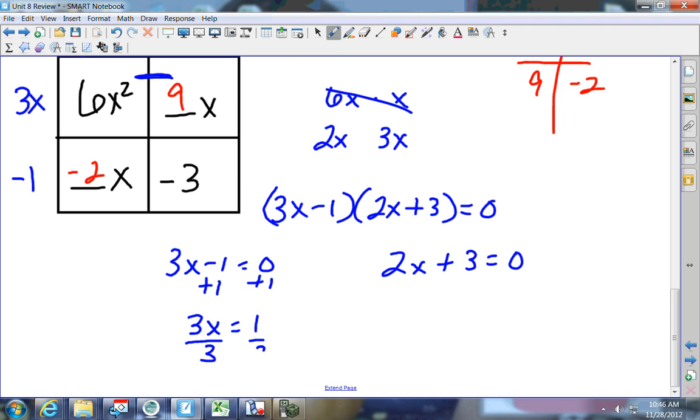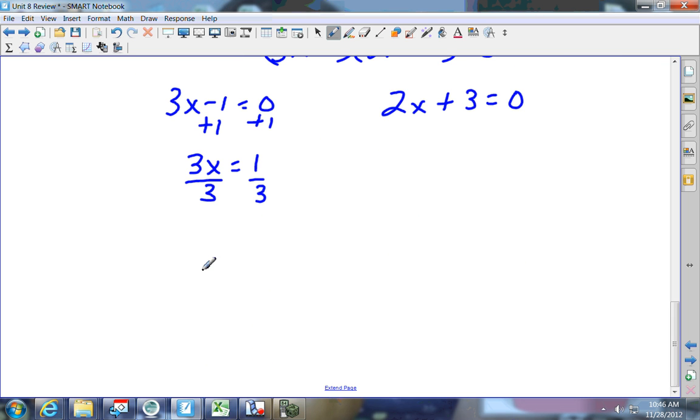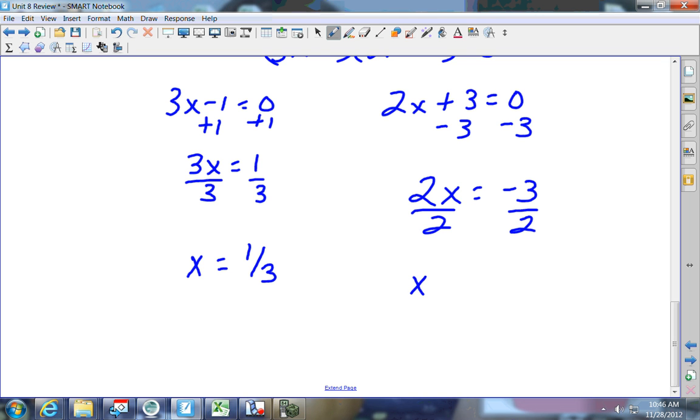Divide by 3. One of my solutions is x equals 1/3. The other one, subtract 3 from each side. I get 2x equals negative 3. Divide by 2 on each side. X equals negative 3/2. These are my two solutions.